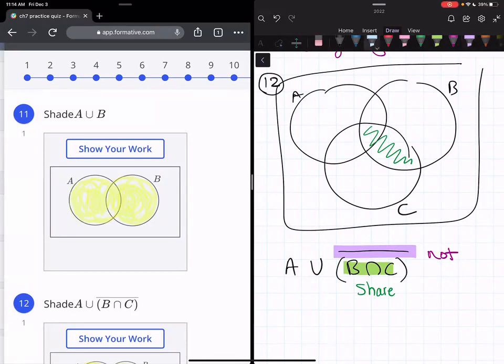What does the front part mean? So all of that plus A. So all of that plus A would be literally all of that. So your answer is all of that.